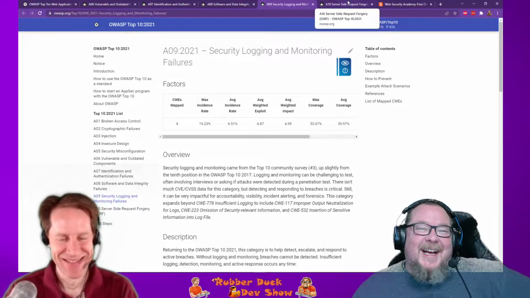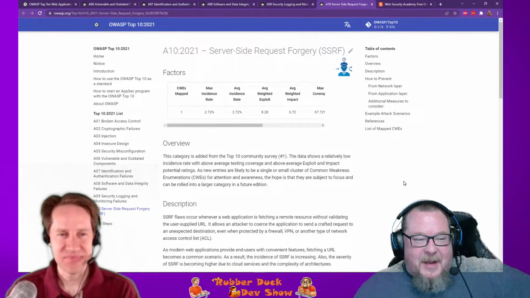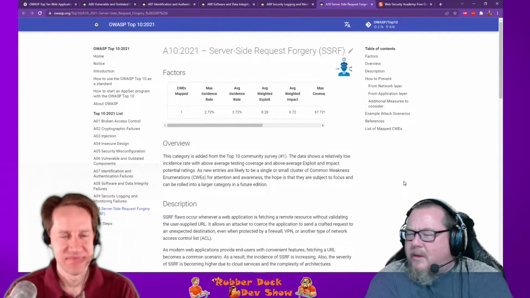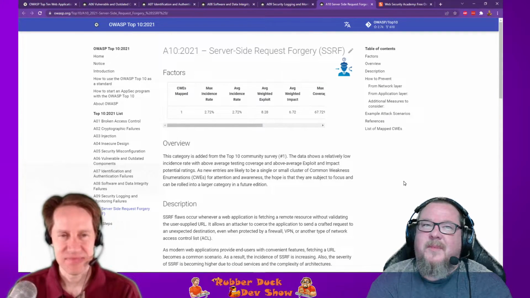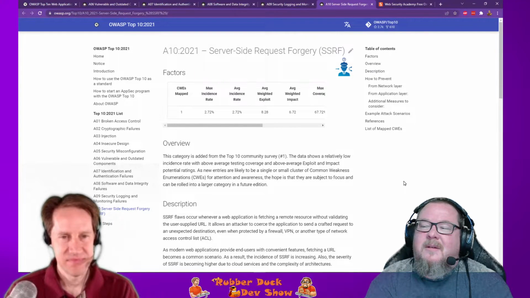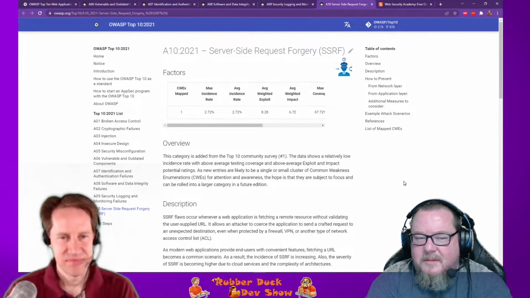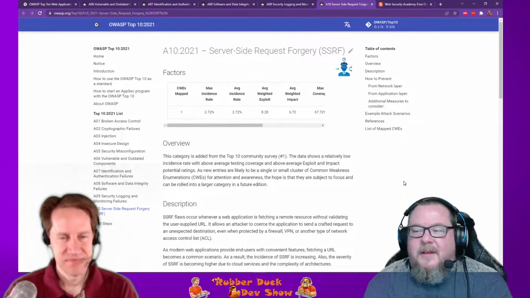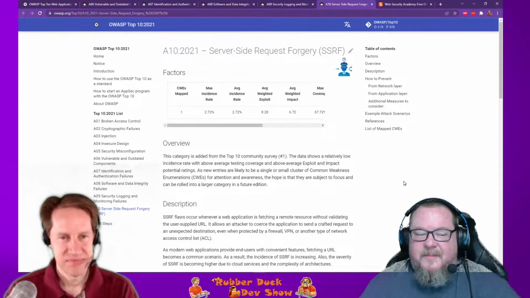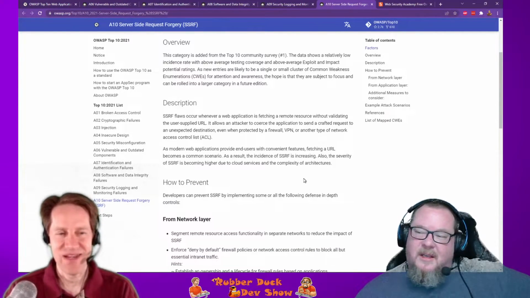Right. All right, so number 10. This one I had a real hard time wrapping my head around, because it didn't seem very defined to me, this server-side request forgery. I read it in reverse.